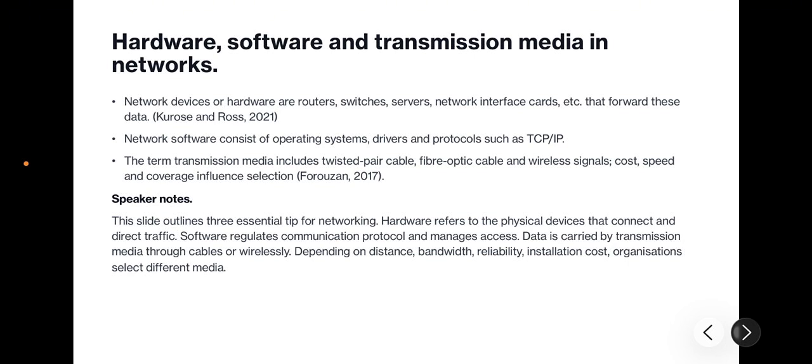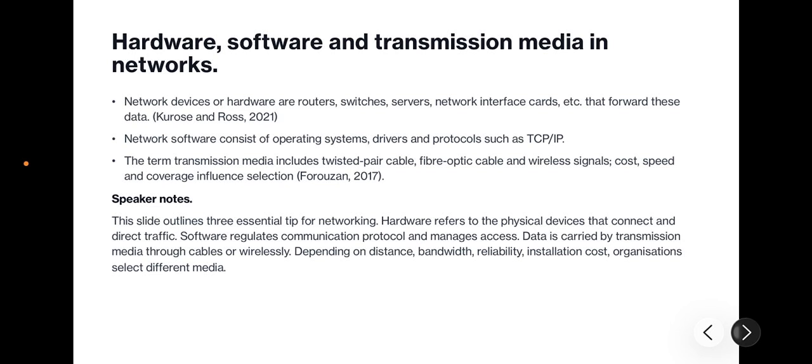Hardware, software, and transmission media in networks. Network devices or hardware are routers, switches, servers, network interface cards, etc., that forward data.